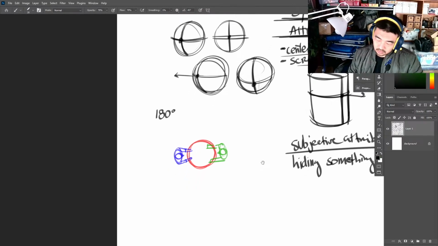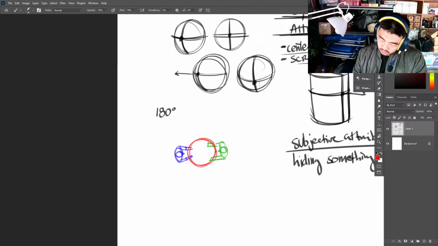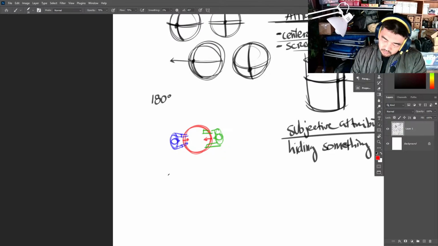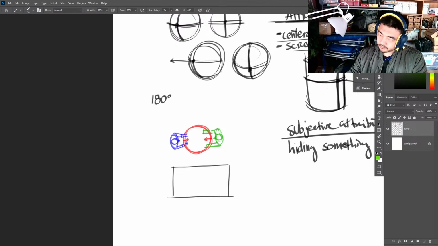Screen direction is, so green person is talking this way, blue person is talking this way. So what you will see in the frame is green character right here. Here's the shoulders.